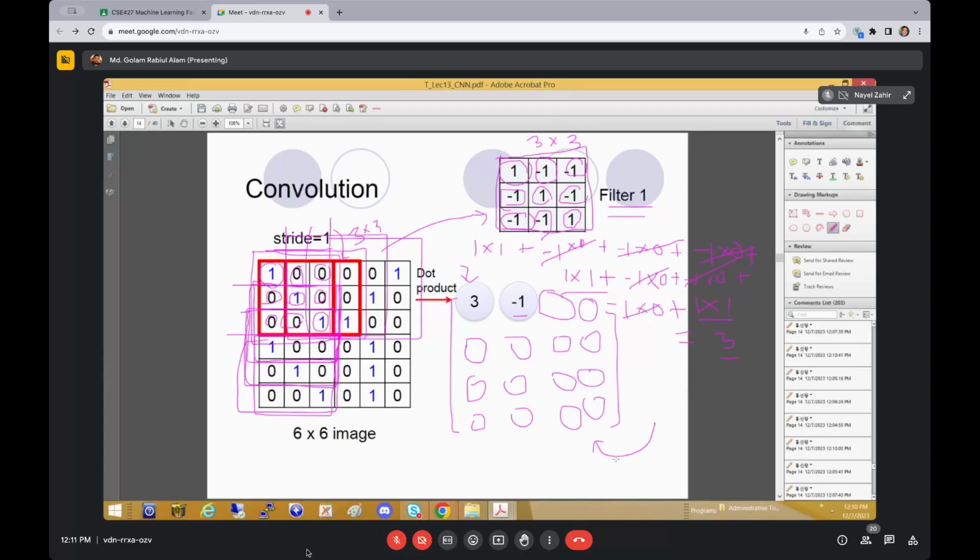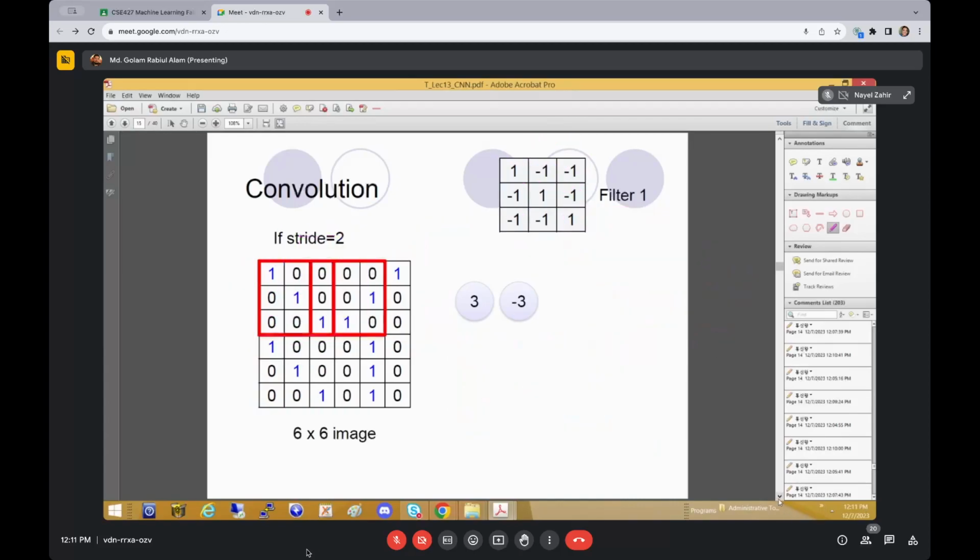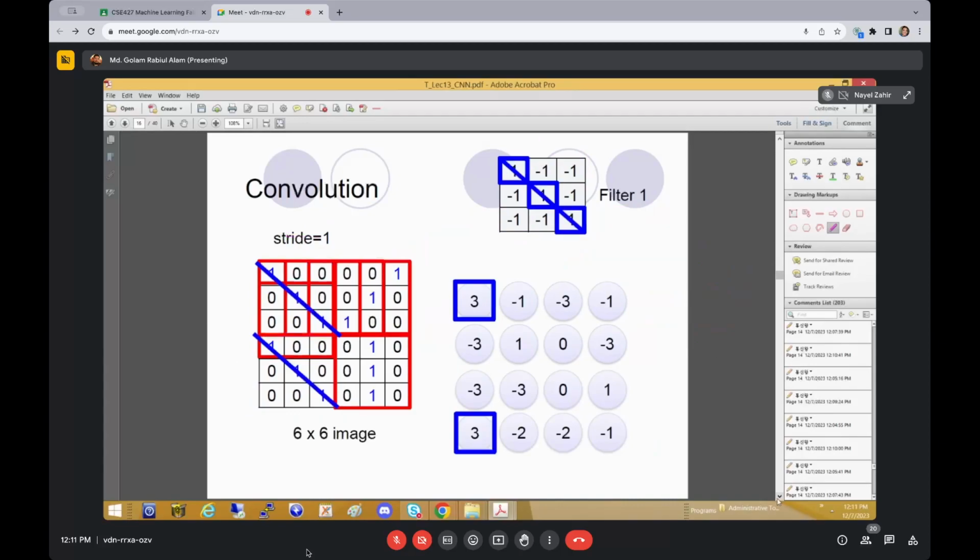Usually we also call this a feature map. So that's the conclusion output if we apply this one filter on a 6 by 6 image. Okay, so this is the output of our convolution.